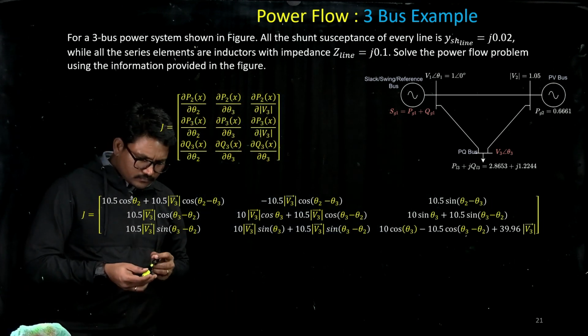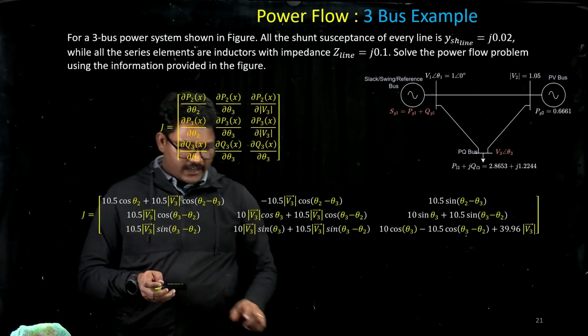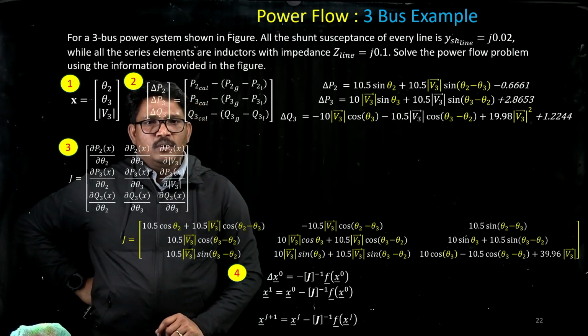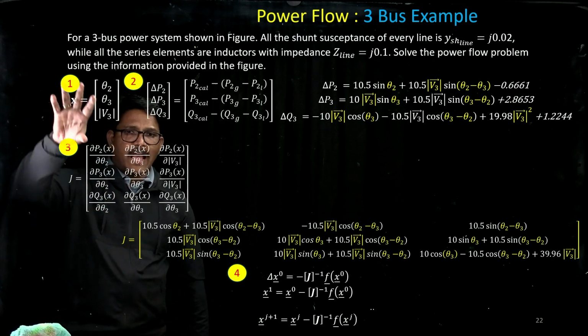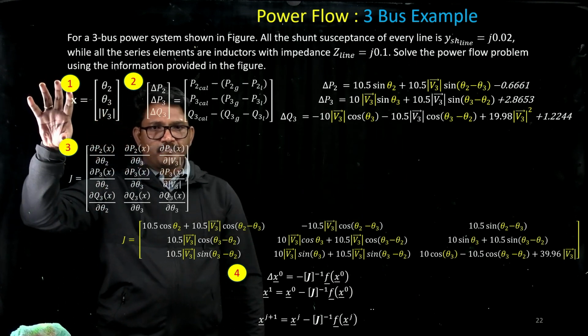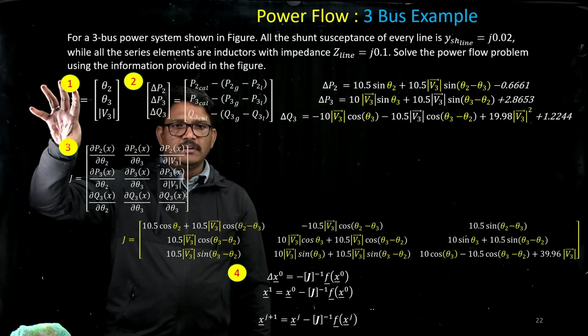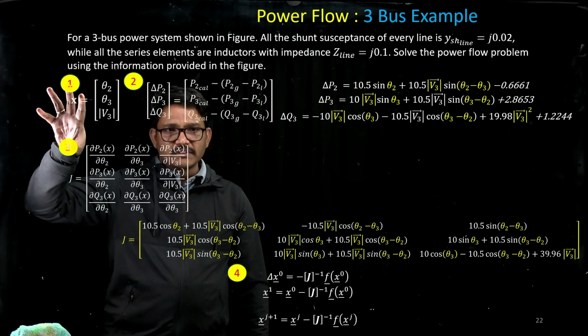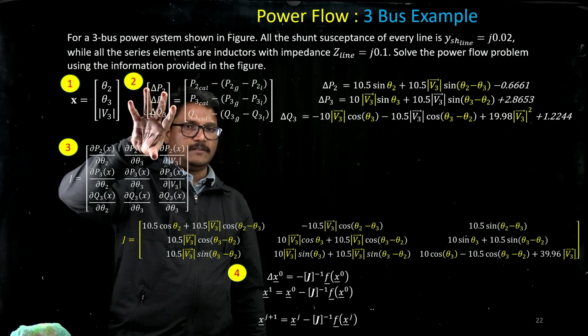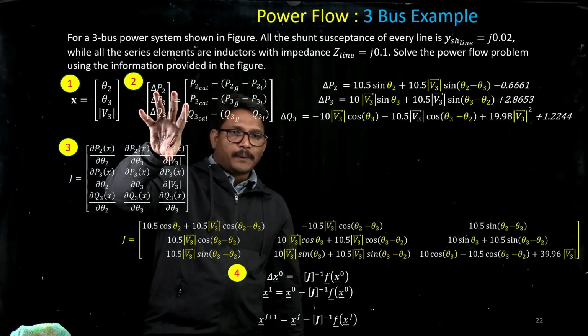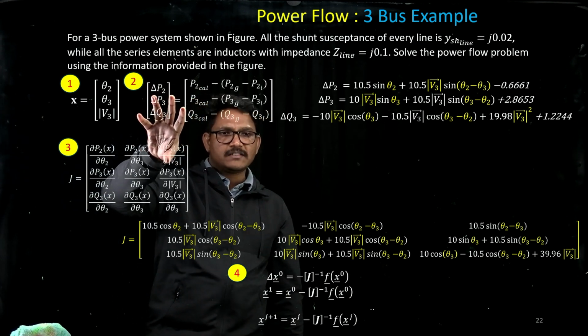Now, let's start the iterative process. What are the steps involved in finding the solution? First, we identify the unknown variables. Then we take an initial guess, and use that initial guess to calculate the values of those functions. We expect those functions to be 0.